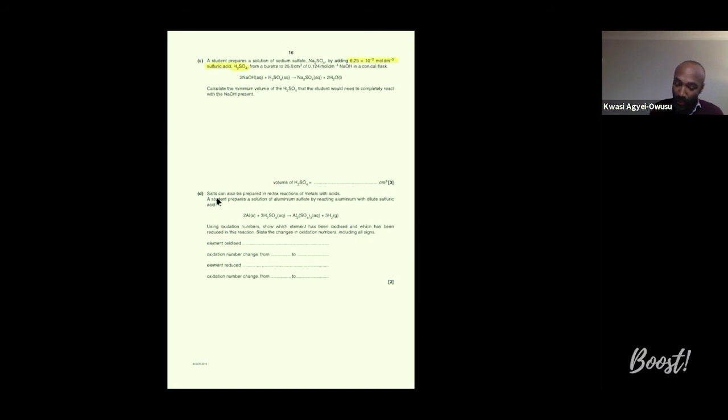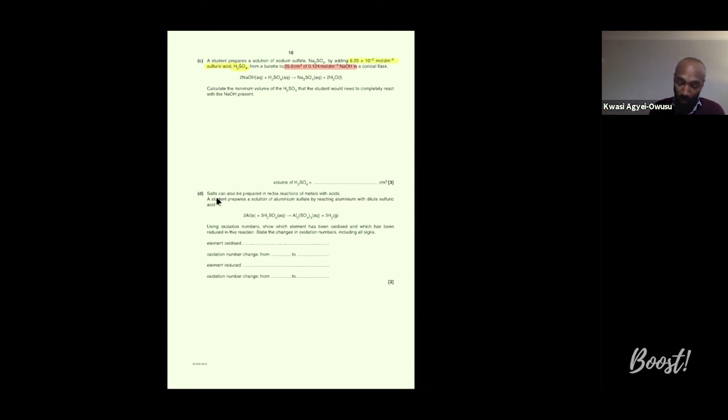And in a different color, we're going to go for pink: 25 centimeters cubed of 0.124 mole per decimeter cubed sodium hydroxide. Okay, right. So we are in a position to be able to work out accurately the number of moles of sodium hydroxide.